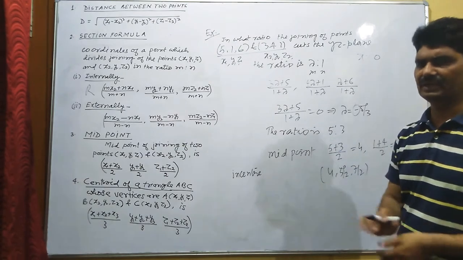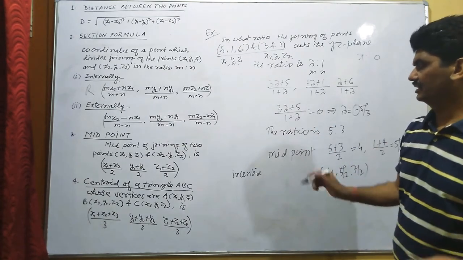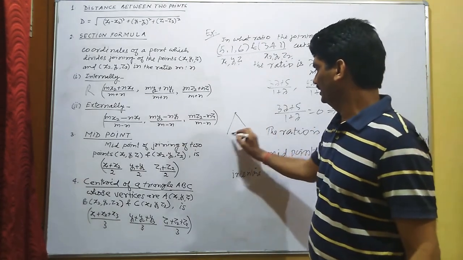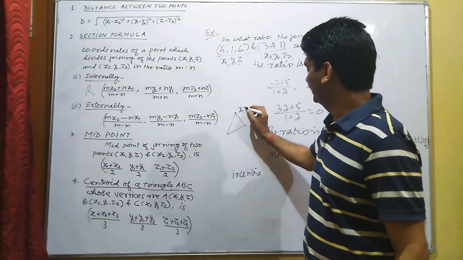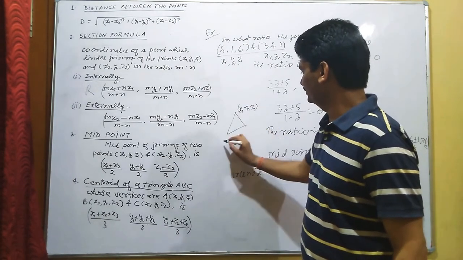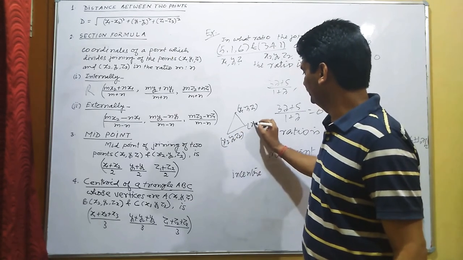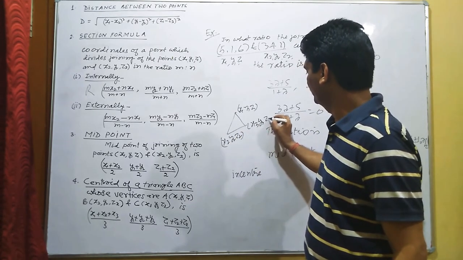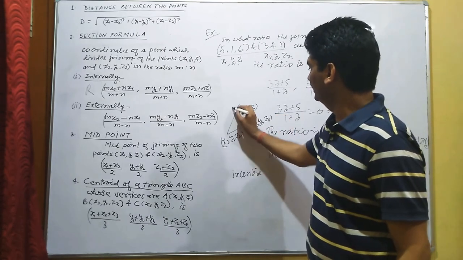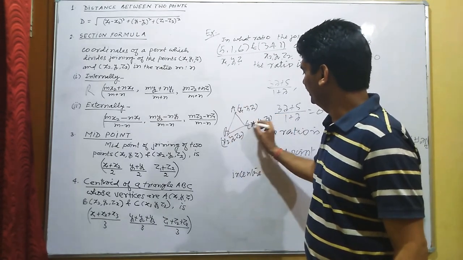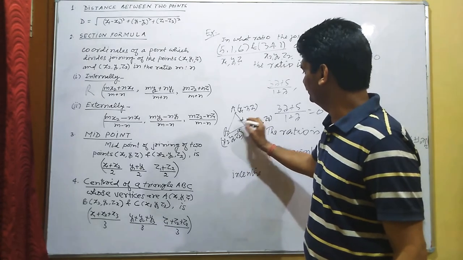If vertices are given, we can also find the incenter of the triangle. There is a direct formula. First we find the sides. Suppose a triangle whose vertices are (x1, y1, z1), (x2, y2, z2), (x3, y3, z3), and the lengths of the sides are a, b, c.